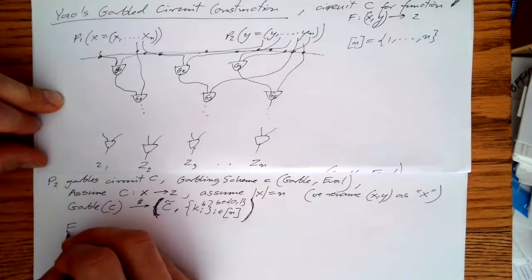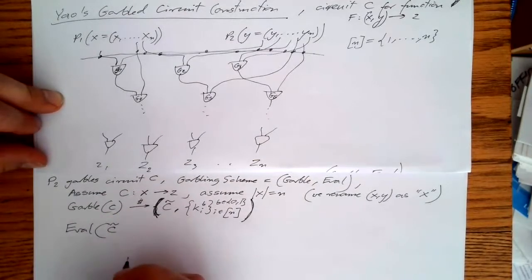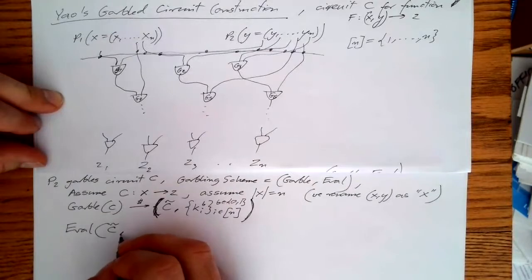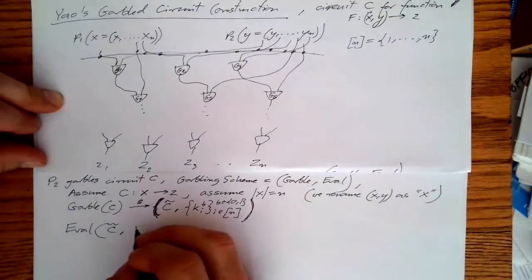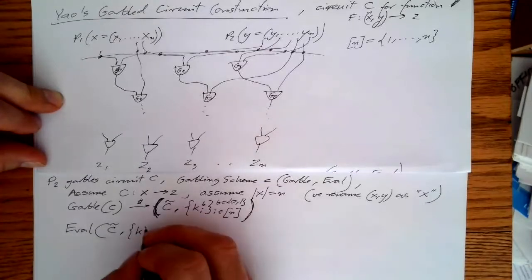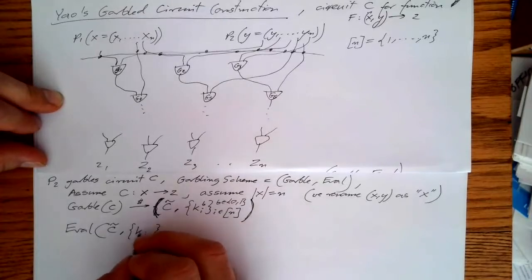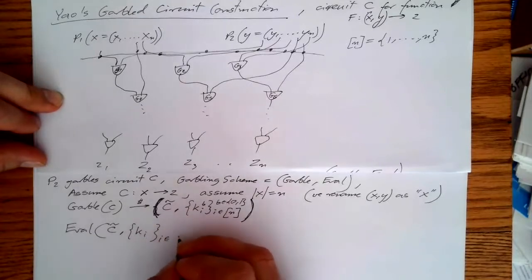And eval takes as input the garbled circuit and the set of keys, where there is one key for every input wire.